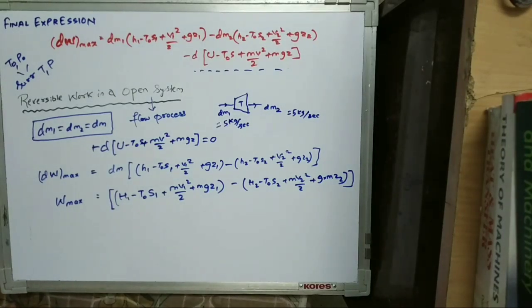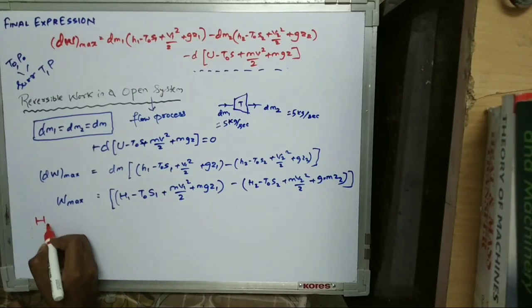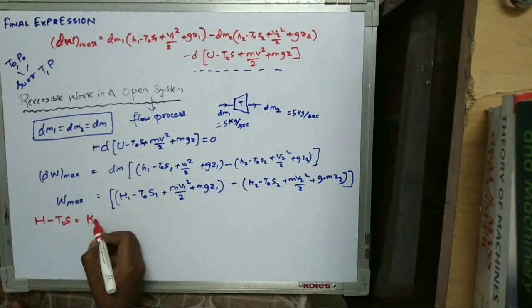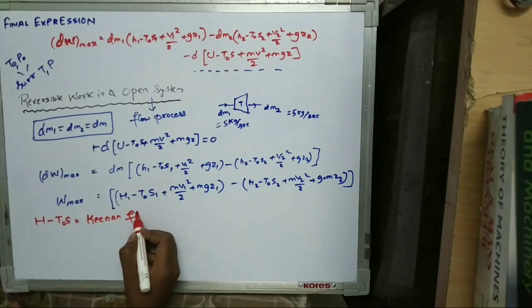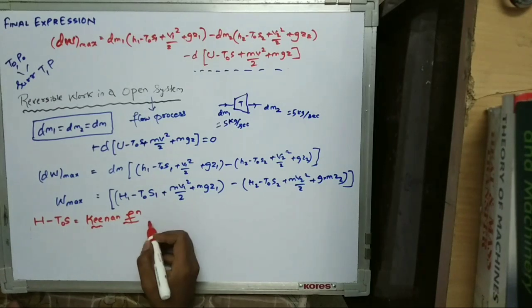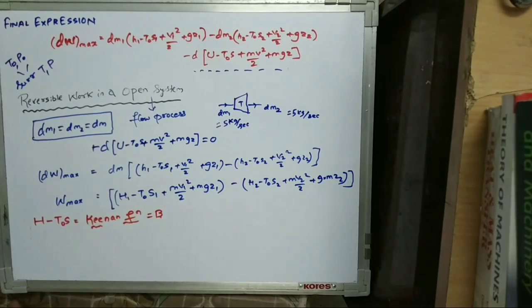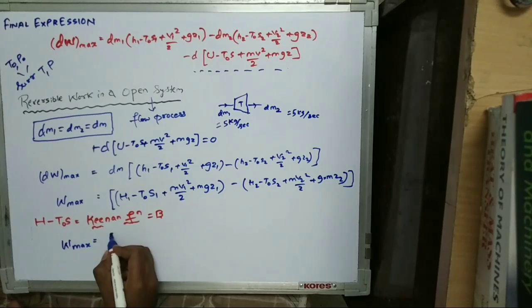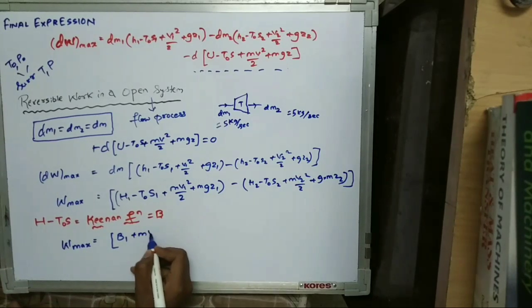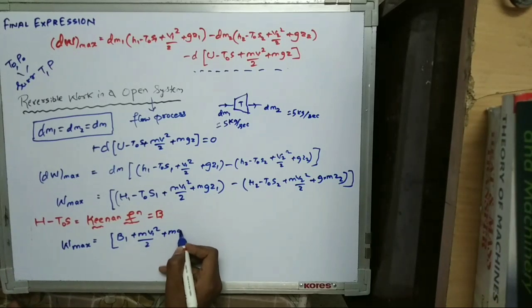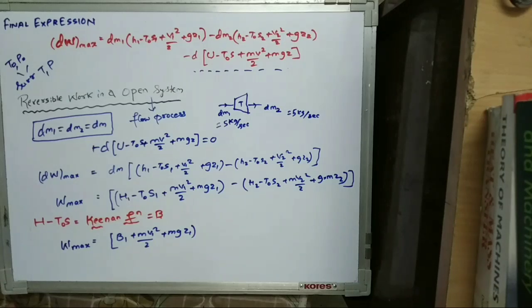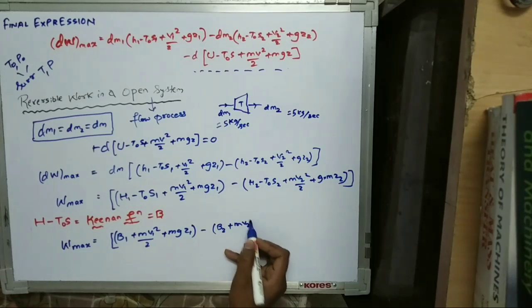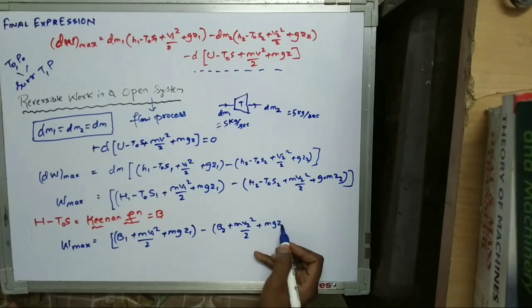Now this term, h minus T0 s, is called the Keenan function, and it is denoted by B. Now this equation becomes W max is equal to B1 plus m v1 square by 2 plus m g z1, minus (B2 plus m v2 square by 2 plus m g z2).